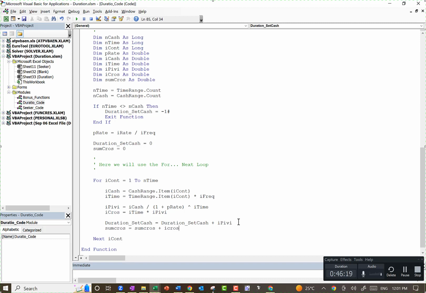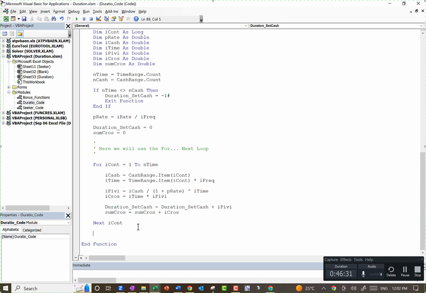I cross — remember, I cross is the cross product of time periods times present value. So when I got out of this loop, duration set cache is basically just the sum of present values. Sum cross is the sum of the cross products.